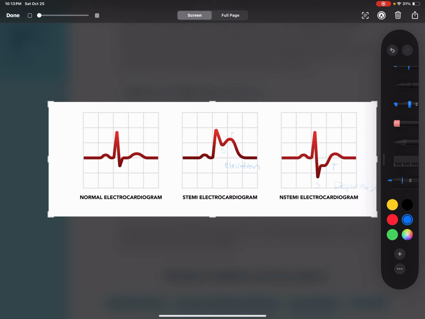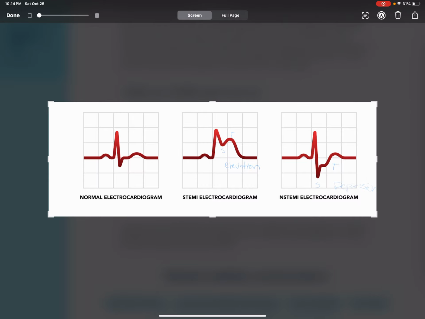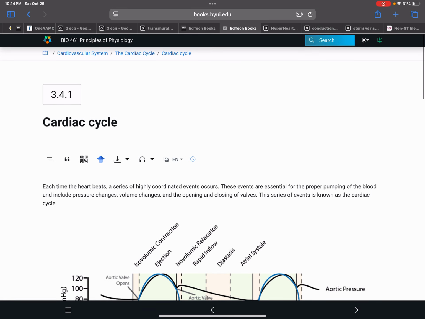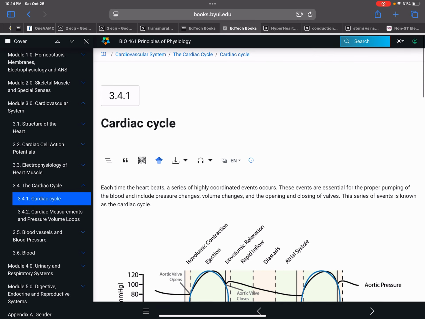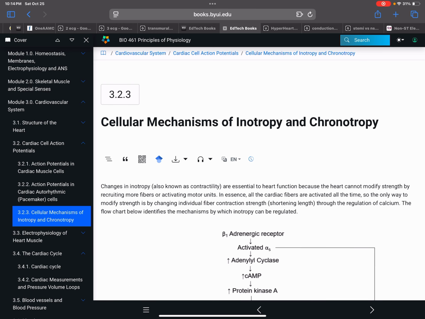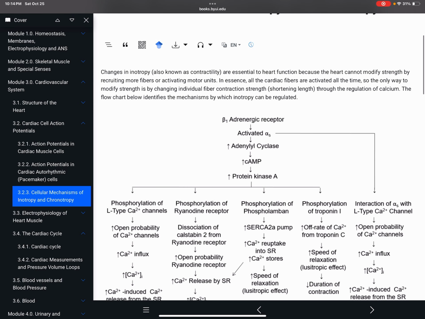It activates adenylyl cyclase, cAMP, protein kinase A, which does all these different things, but we're just looking at the end result: duration of contraction. You can work your way through why it will do this, but just know if you have upwards protein kinase A, we're going to have lower duration of contractions, and we're going to have increased contractility, inotropic, inotropic, inotropic.